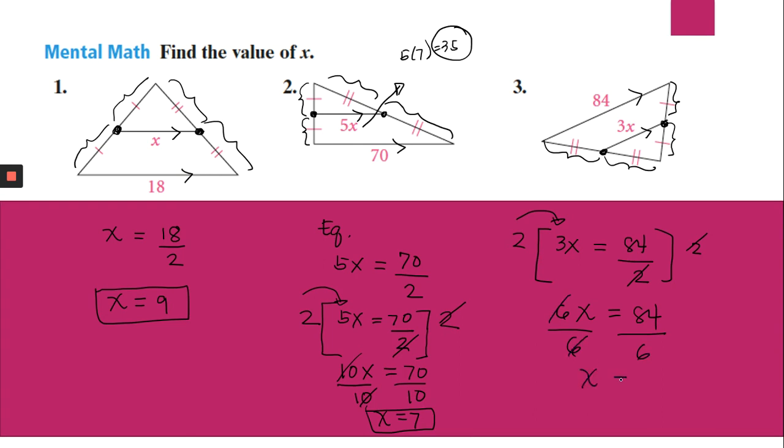Your x is equal to, what's that? 84 divided by 6 is 14. So if your x is 14, this is 3 times 14 is 42. Okay, so that's correct.